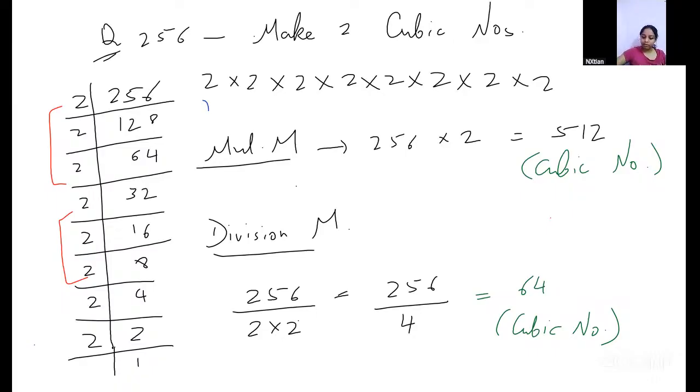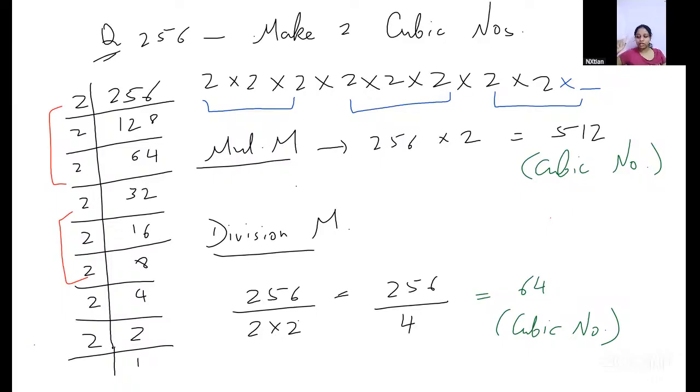So I made one triplet, and another triplet. Now to complete my third triplet, how many more do I need? One more, right? I need only one more.